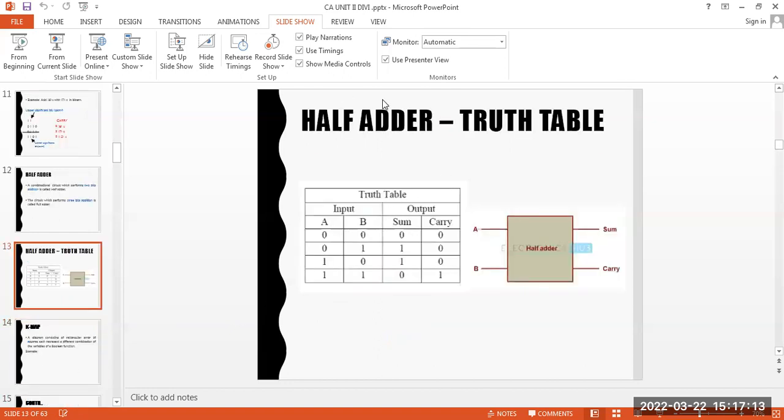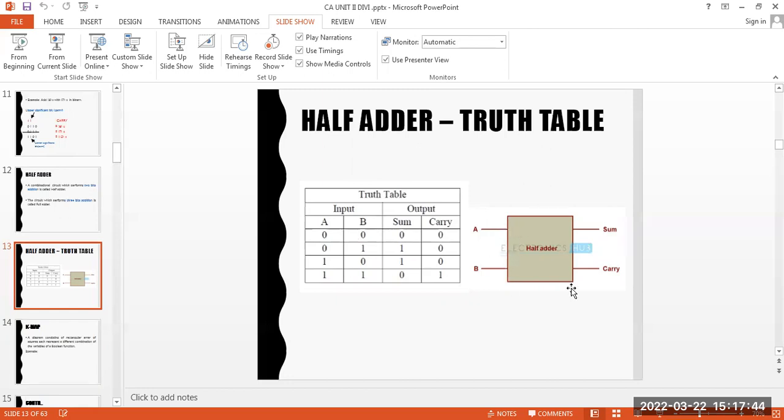This is the half adder truth table, with 2 inputs, because a full adder means 3 inputs. For A plus B we calculate the sum and carry. 0 plus 0 gives sum 0, carry 0. 0 plus 1 gives sum 1, carry 0. 1 plus 0 gives sum 1, carry 0. 1 plus 1 gives sum 0 and carry 1.